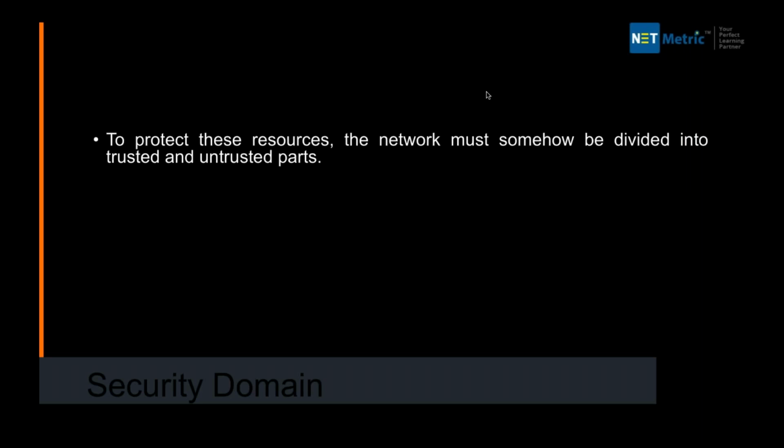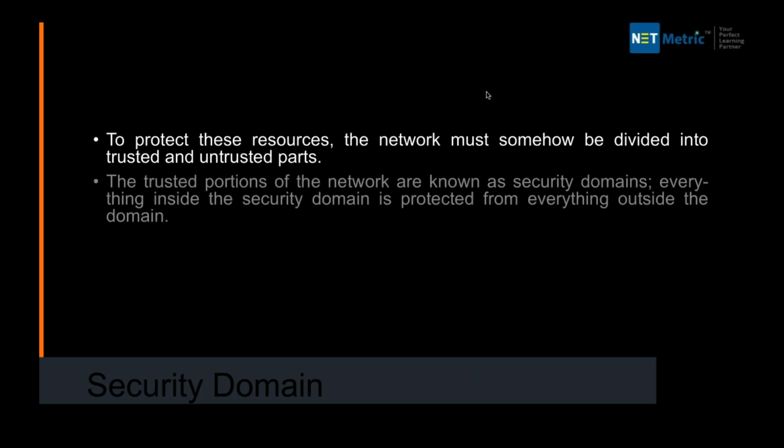To protect these resources, the network must somehow be divided into two major domains. What are those? One is called a trusted domain, where I trust the most, and the other is the untrusted zone, which in our topic is the internet, the unsecured zone. The trusted portion of the network is also known as a security domain.